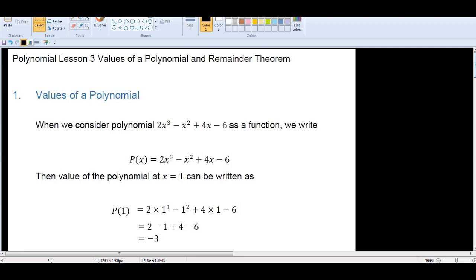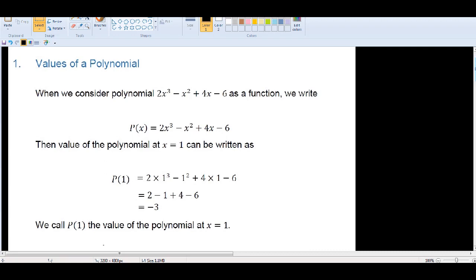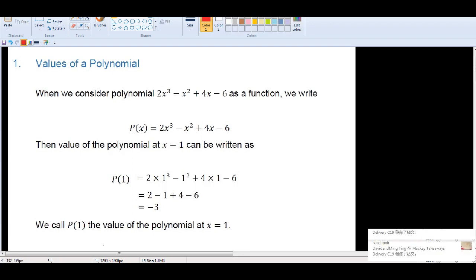Okay, first let's have a look at what we mean by values of a polynomial. Sometimes we could consider a polynomial as a function. Possibly some of you haven't learned what a function is. Simply speaking, a function is just a notation, like you could write p(x) equals a polynomial.